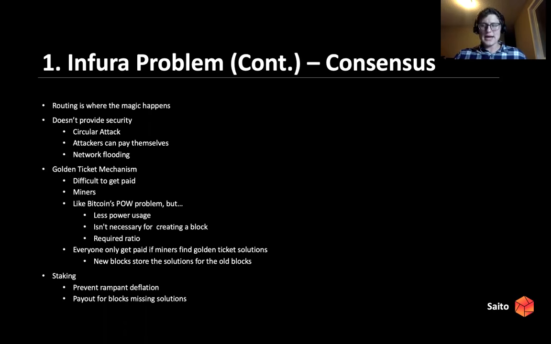So if we were to just use routing as a mechanism itself, then we could see that nodes or attackers would actually be able to stage their own nodes, share the transactions with their own nodes, and post the blocks, and sort of use the profit from posting those blocks to keep generating more blocks, right? So they would actually be able to spam the network and sort of flood the network with unnecessary transactions, just by using this circular attack.